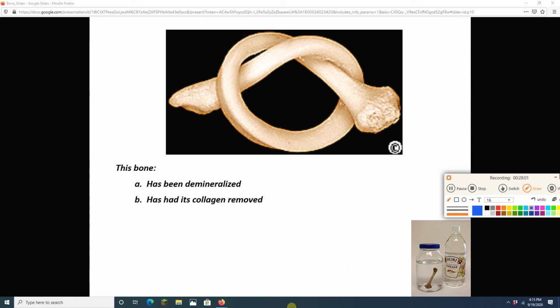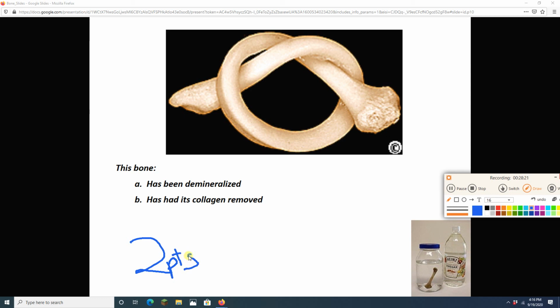And what this is going to do, it's going to make the bone very bendy. You can tie a knot with your fibula. You shouldn't normally be able to tie a knot with your fibula. So my question for you, and this is an extra credit question, is worth a gigantic 2 points. Take it or leave it.